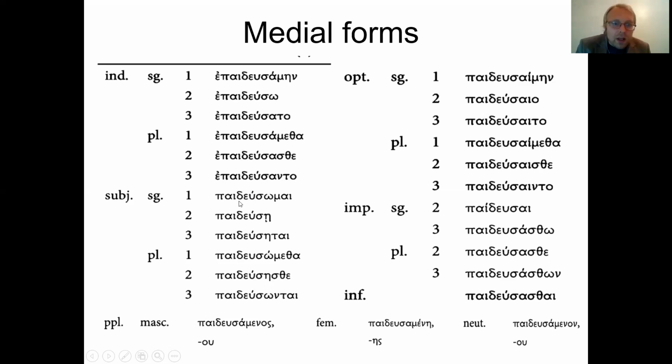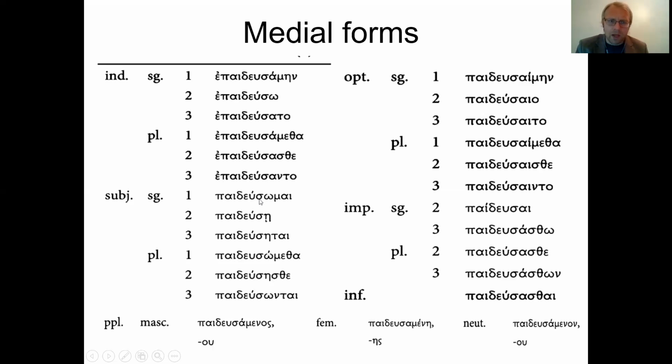And then if we turn to the subjunctive forms, we can see again that it's of course lacking this augment, but there is this sigma infix. And then the endings, just like in the active case, are again identical to the present medial passive subjunctive endings.